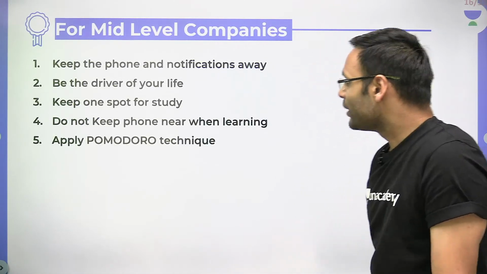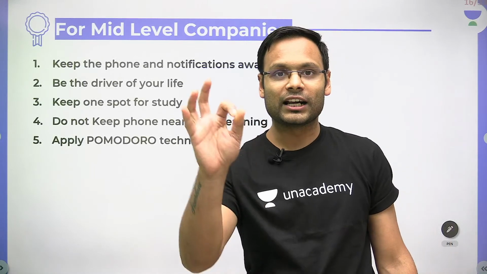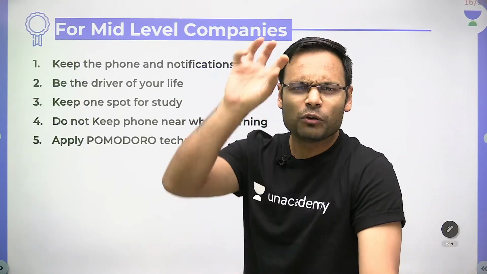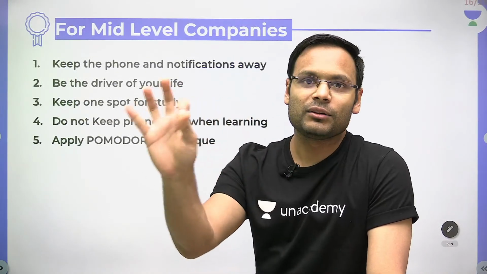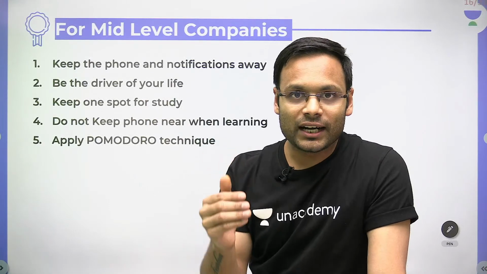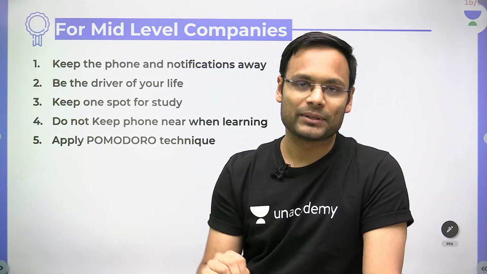Then we have another point: apply the Pomodoro technique. This is really good for having great focus and concentration. Everybody can concentrate very hard for a certain period of time only. After that, distraction happens and you tend to lose focus. Of course it happens.